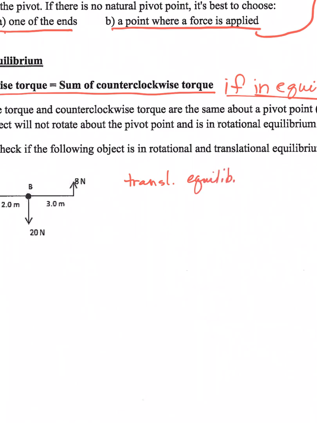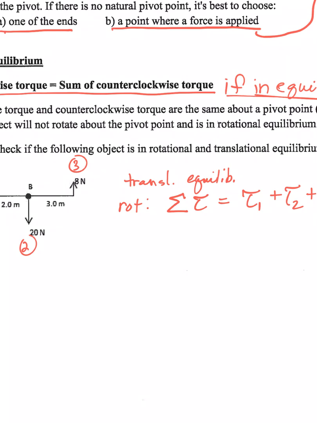Now, for rotational equilibrium, guess what we have to figure out? We have to look at the sum of the torques. So where would you like your pivot to be? Let's pick it at the end this time. Let's make A be our pivot. For every one of these, we need to find the torques. Let's call this 1, this 2, and this 3. We're going to do the sum of the torques: torque 1 plus torque 2 plus torque 3.